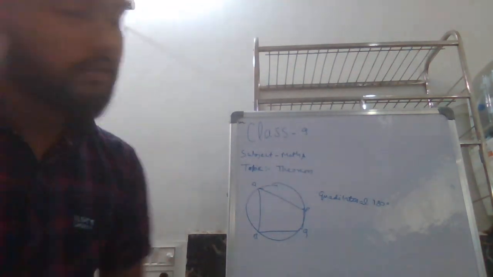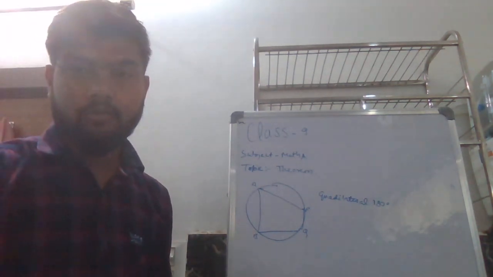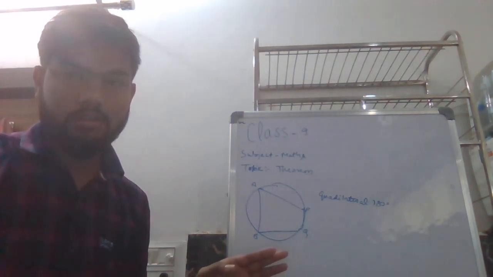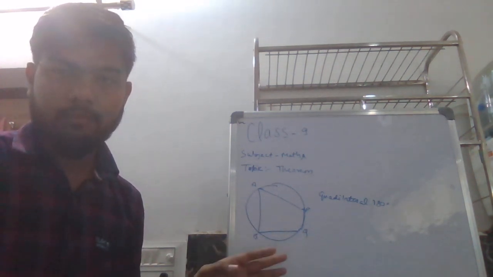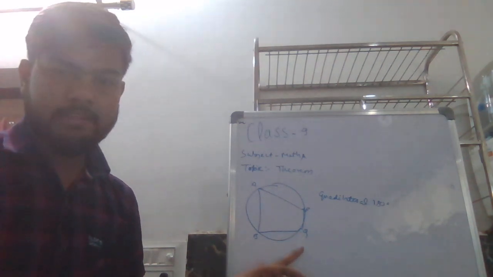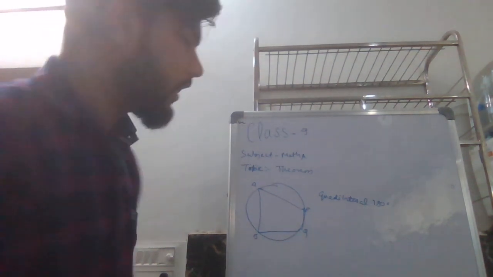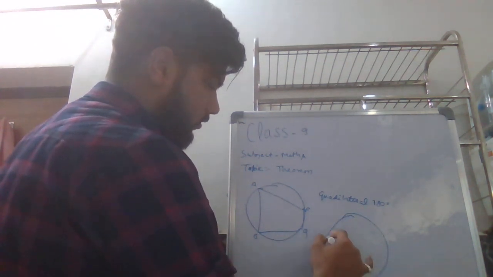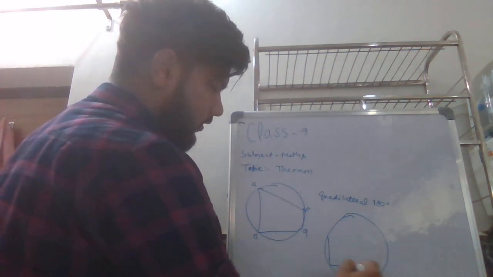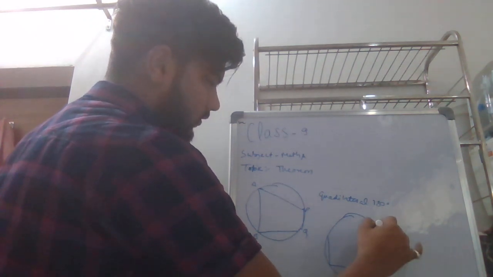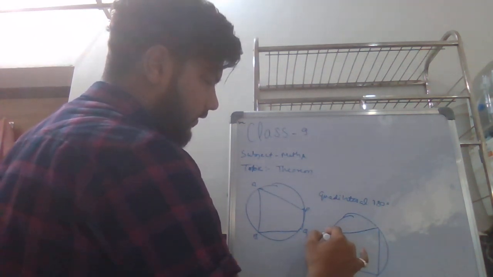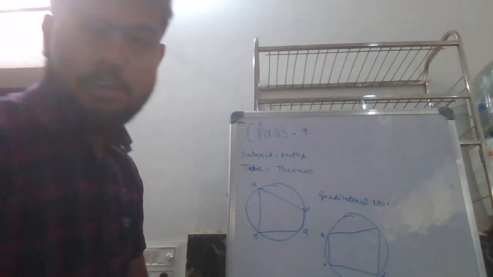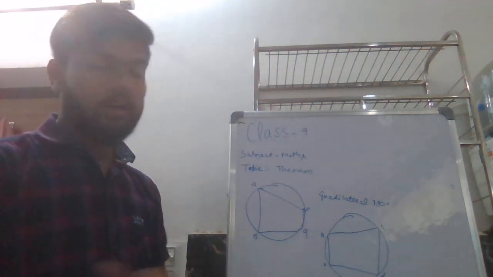First, we have to explain the concept by drawing the figure. As I have drawn this, now we will construct the figure, and I will name the vertices A, B, C, D. This is the construction of the figure for the theorem.